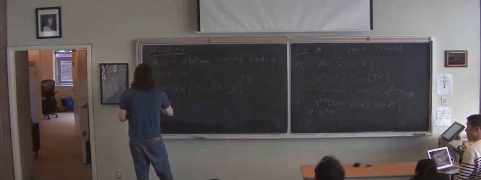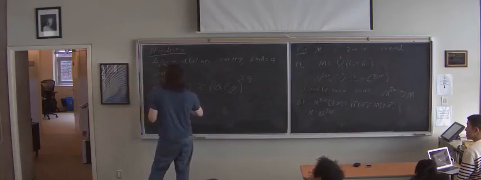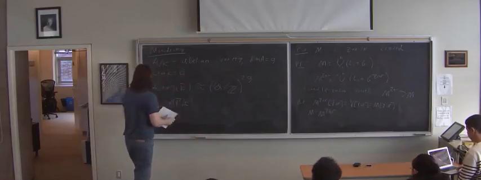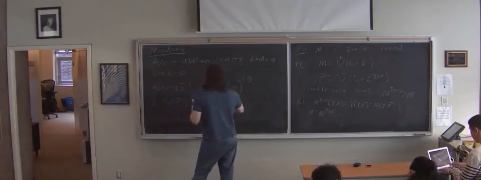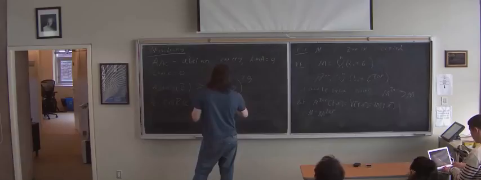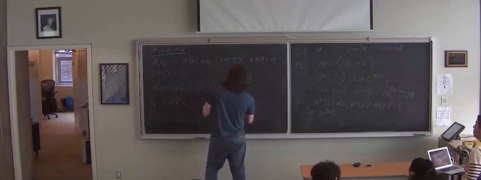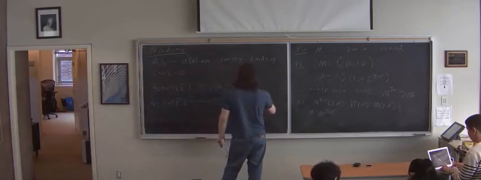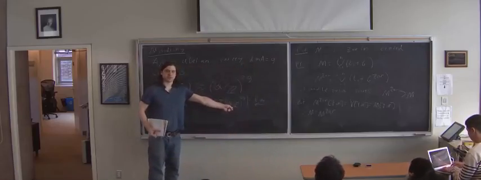And so what we get is a map from the Galois group of K bar over K to the automorphisms of the abelian group (Q/Z) to the 2g. What is this? It's just the union of all the n-torsion points.